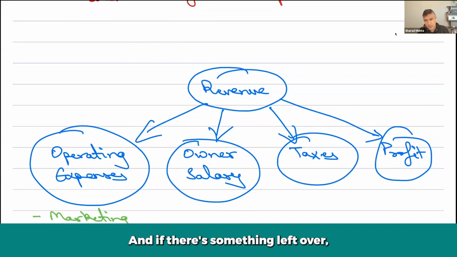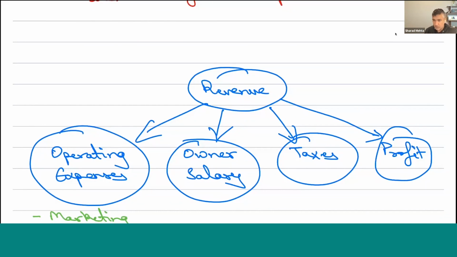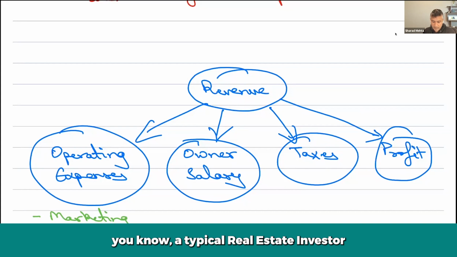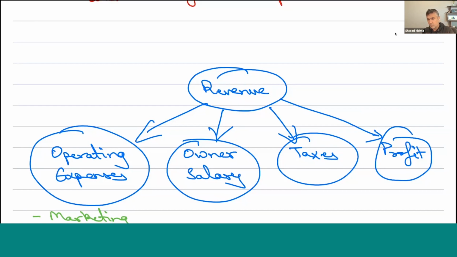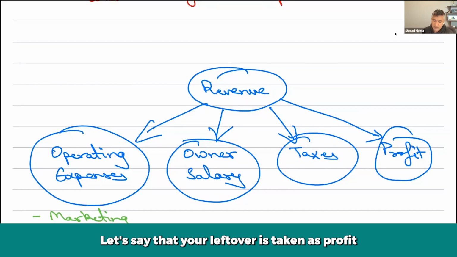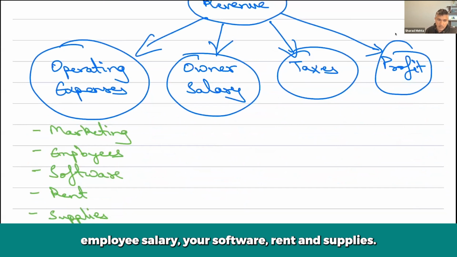And if there's something left over, you would count that as profit in your business. So that's how a standard typical real estate investor business would be set up. Revenue, pay for expenses, pay for your salary, pay for your income taxes to the IRS and state income taxes, depending on the state that you're in. Leftover is taken as profit. And your operating expenses would be marketing, employee salary, your software, your rent, and supplies.